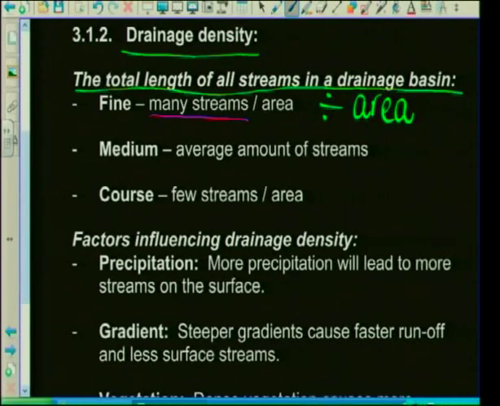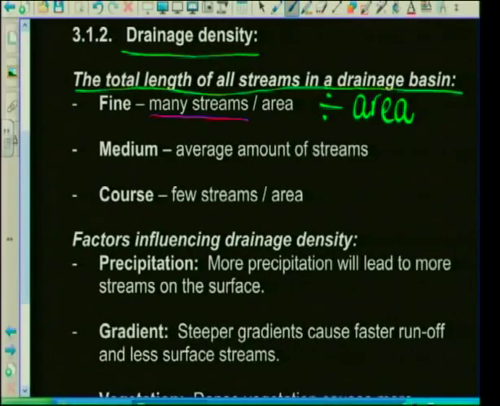If you can picture a drainage basin, there's going to be a lot of different streams on that drainage basin. A medium drainage density would have an average amount of streams, and obviously coarse drainage density would have few streams for a certain area.